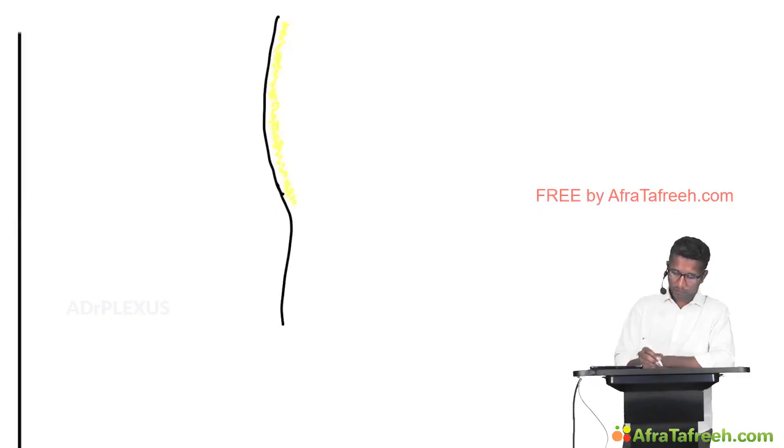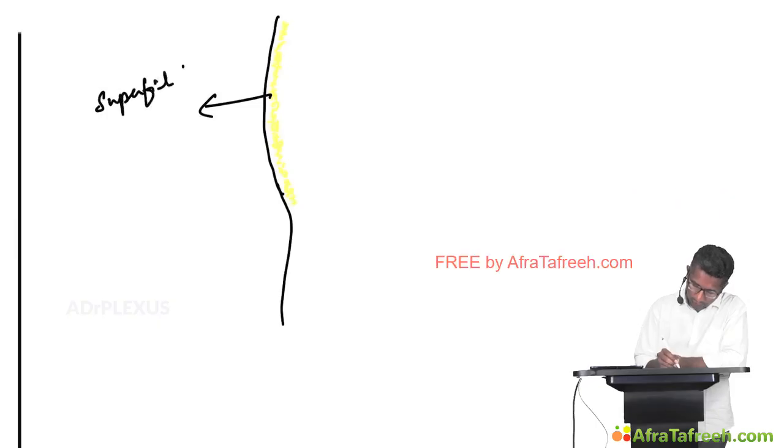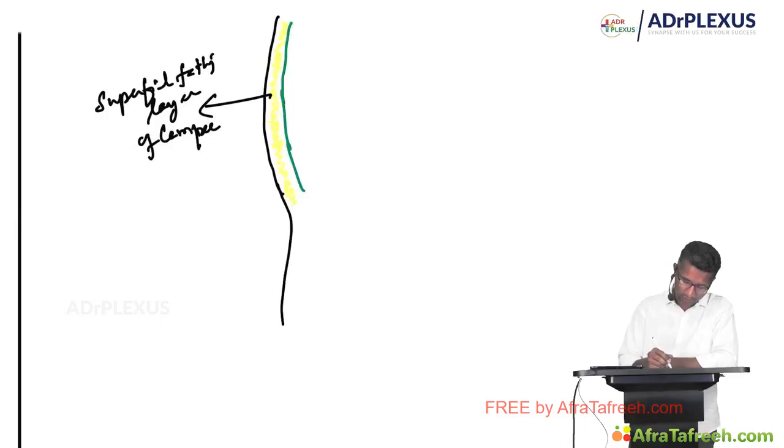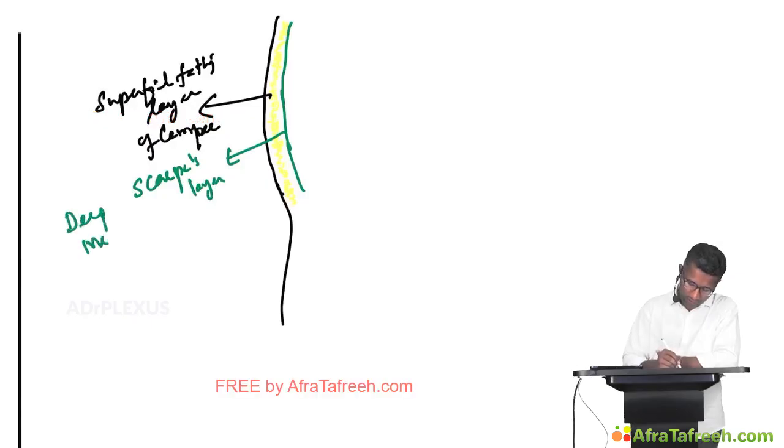So in the abdomen you have the superficial fatty layer of Camper, and deep to the superficial fatty layer you get a membranous layer. This membranous layer is called Scarpa's layer. I hope you know this, guys. This is a deep membranous layer.